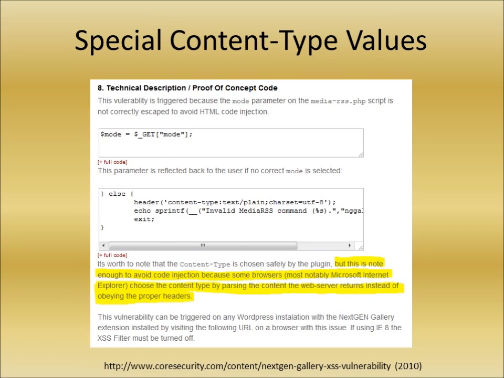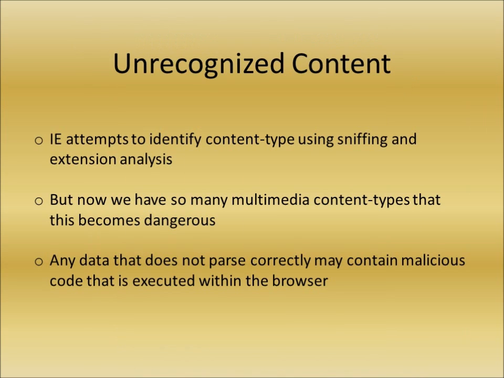In this example, although the content type may have already been specified, Internet Explorer particularly would sniff the content type and misidentify, allowing the PHP script to execute. So part of the problem here is that IE attempts to identify content type using sniffing and extension analysis.